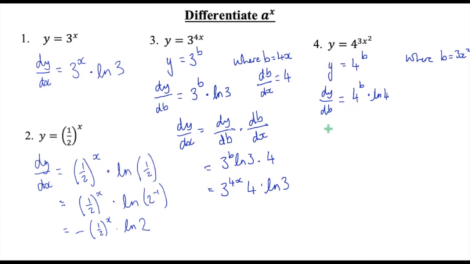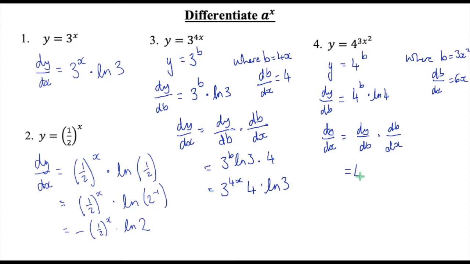So this is dy by db, but what we actually want is dy by dx. And we're going to use the chain rule here because we can write it in terms of db, but we just need to make sure we have all these terms. I've got my dy by db, that's here, and my db by dx, well, I can work that out. Let's substitute everything in.